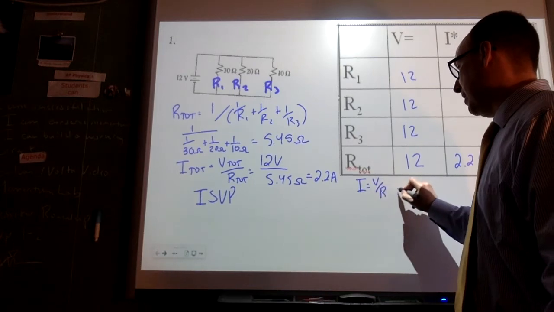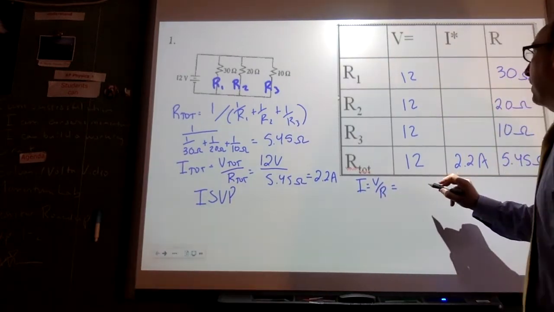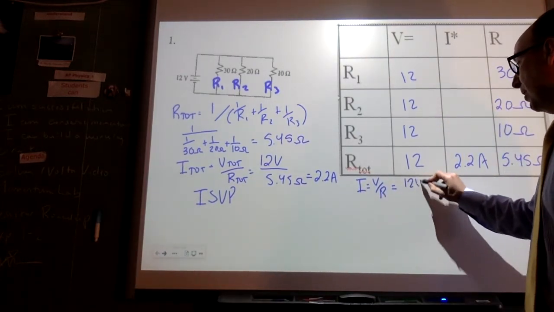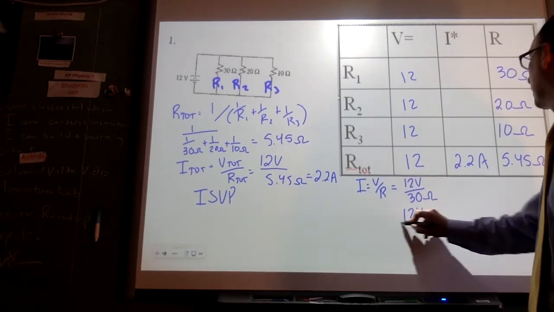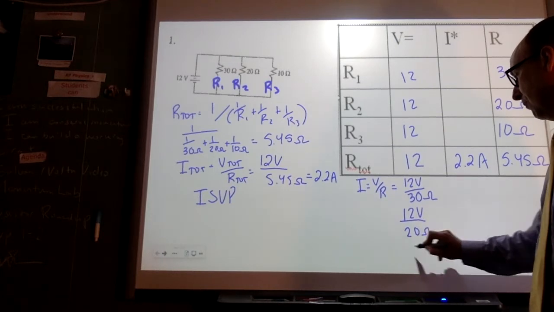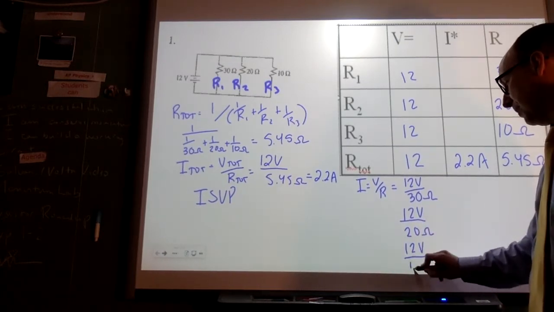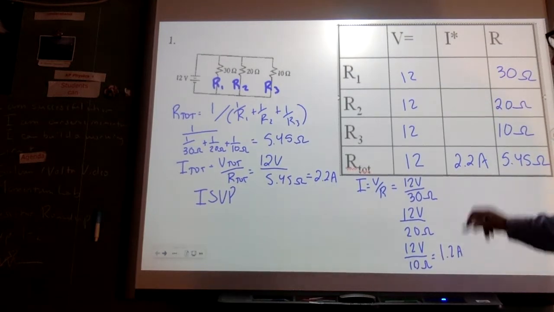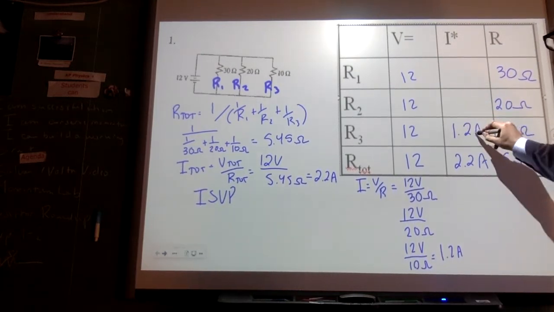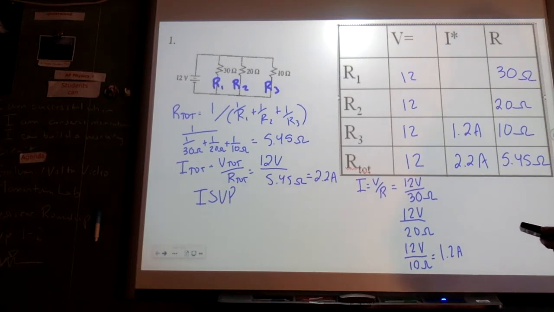So I'll take the individual voltages divided by the resistance. So I'm going to have 12 over 30, 12 over 20, and 12 over 10. That one I don't need a calculator for. The other ones I probably should use a calculator.